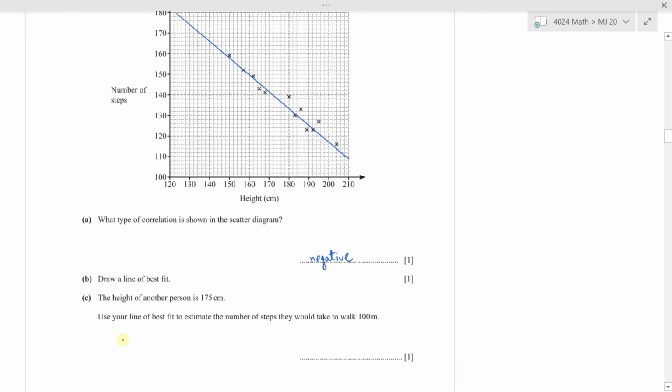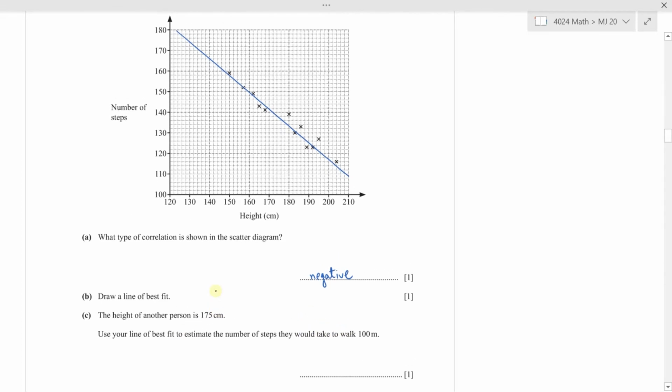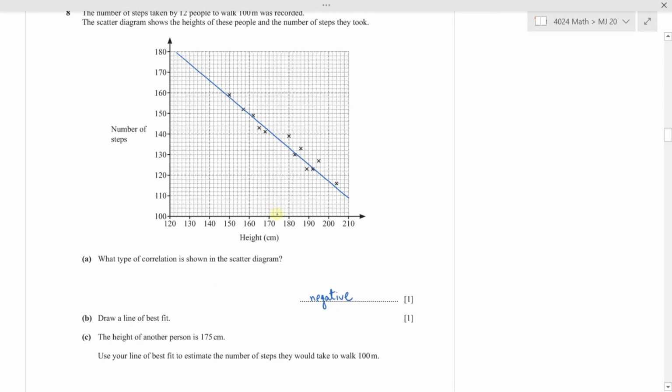The next part is the height of another person is 175 centimeters. Use your line of best fit to estimate the number of steps they would take to walk 100 meters. So their height is 175, which is 170, 172, 174, and then 175 will be this point here.